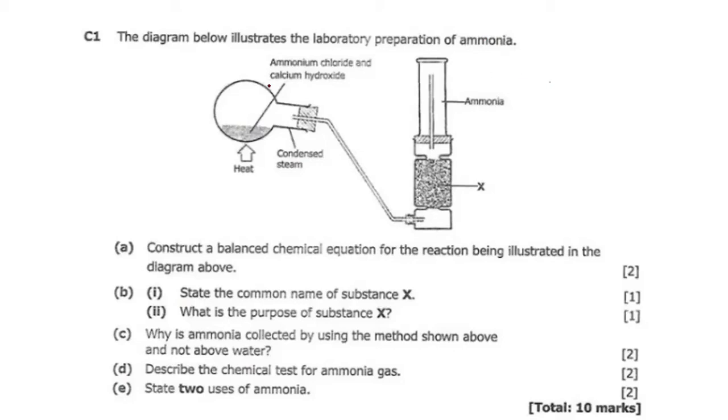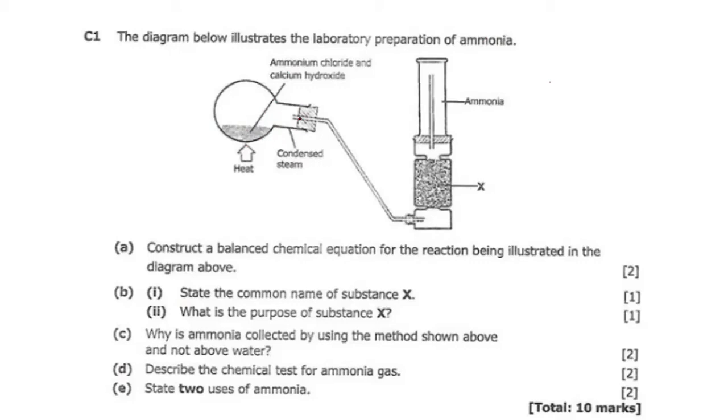Now this is how the setup looks. You need to have heat, and there's a mixture of ammonium chloride and calcium hydroxide. Make sure that the flask you are heating is slanted. Why is it slanted?